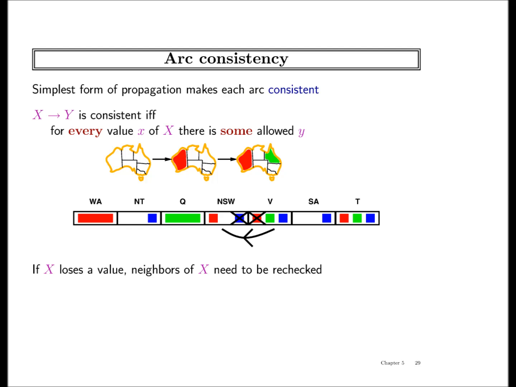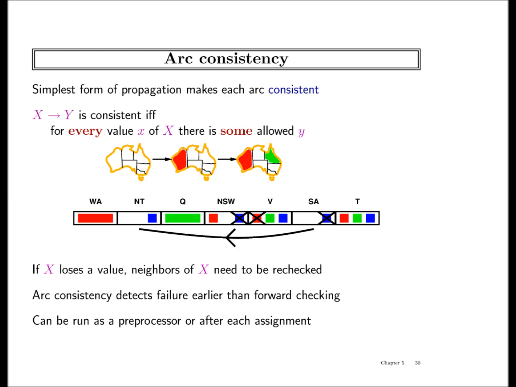So the worst case cost of testing one arc is d squared. So far so good. Each pair of variables will have to be tested potentially at least once. So we have at least n squared d squared. Now comes the tricky part.